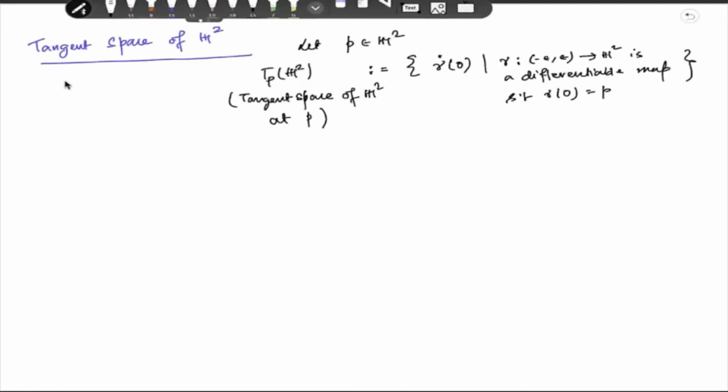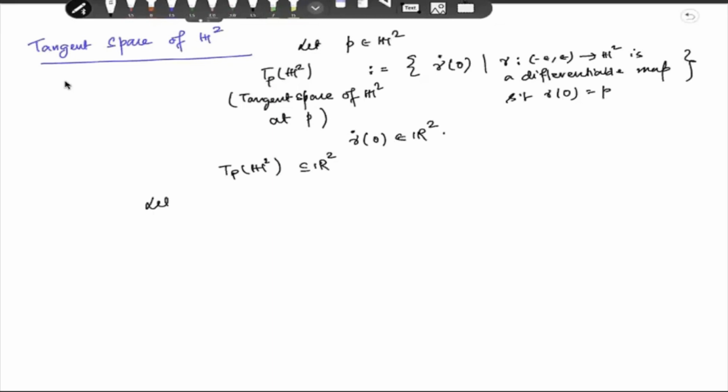Note that this gamma dot 0 lies in R2. Therefore, T_P H2 is a subset of R2.